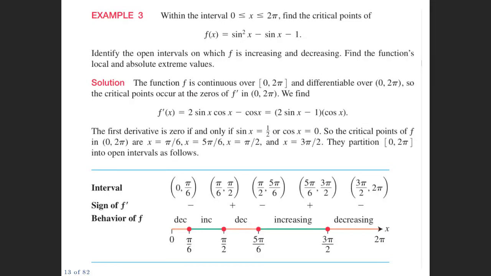And remember, we are between 0 and 2 pi. So how can we have sine x is a half, or cos x is equal to 0? The only points where these can happen are pi over 6, 5 pi over 6, pi over 2, and 3 pi over 2.